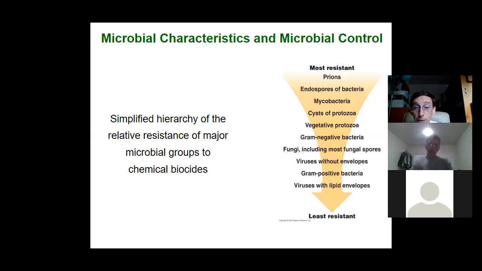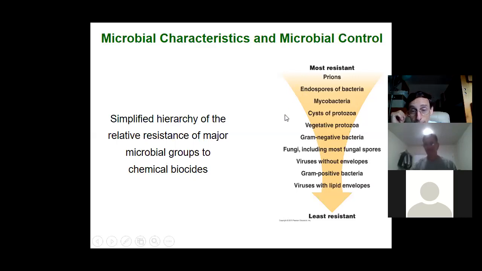But it is actually very good at killing endospores. Anyone see the point of that? Okay, so the endospores generally are very resistant, but to hydrogen peroxide they're very sensitive.